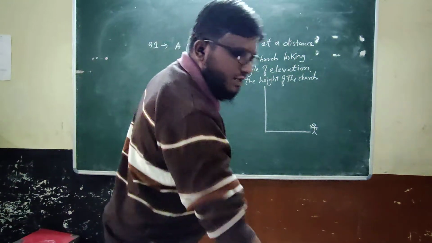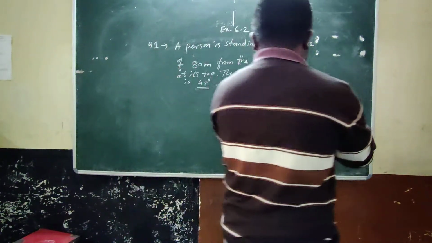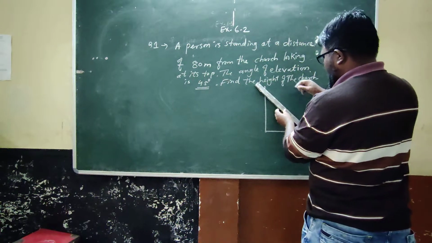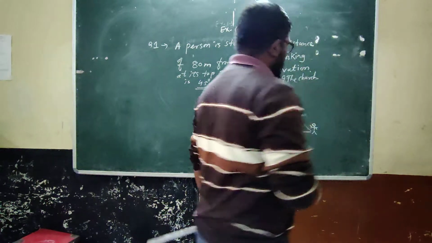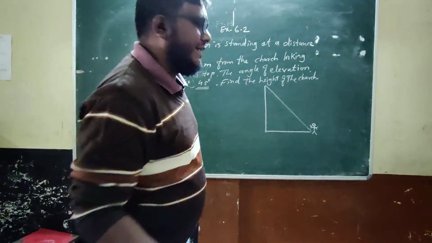That's why we'll join this with the help of a scale. Now it looks like a triangle.